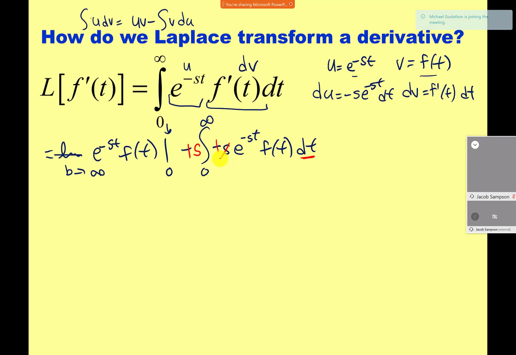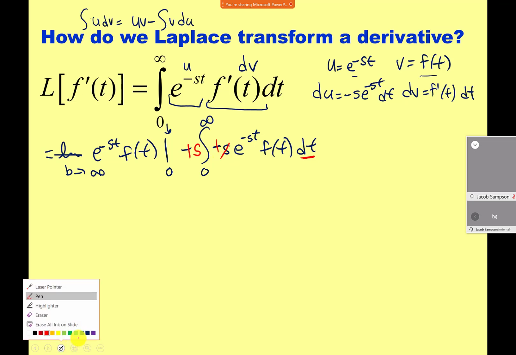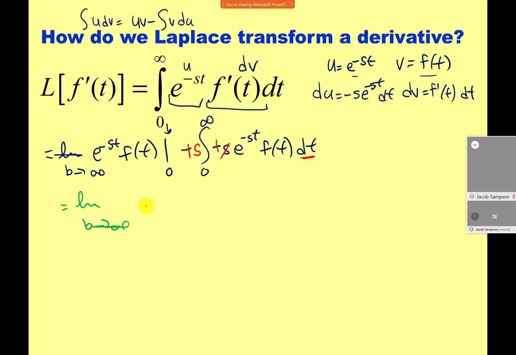The next thing I'm going to do is start writing the evaluation piece. So I've got limit as b goes to infinity of e to the minus sb f of b minus e to the 0 f of 0.